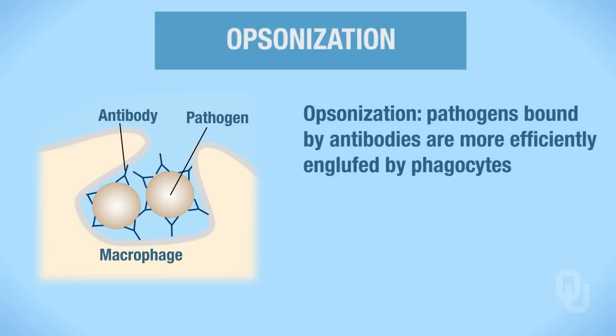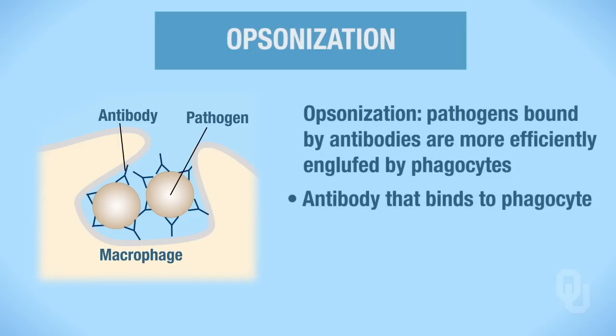Okay, then there's opsonization. So this is where we start off. Here's your macrophage, which is a type of phagocyte. Opsonization can occur with different types of phagocytes. Here we're focusing on a macrophage. So you have an antibody that binds to the phagocyte, and when the antibody binds to the phagocyte, then the antibody binds the antigen.